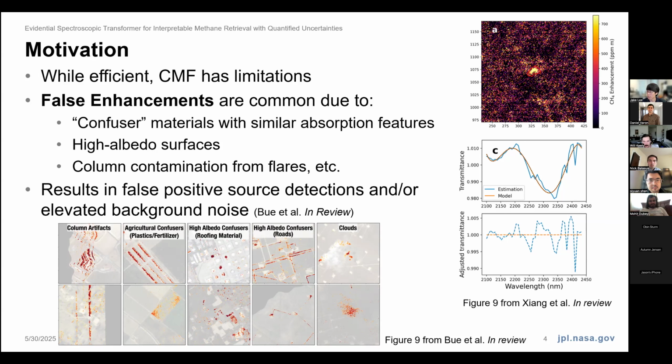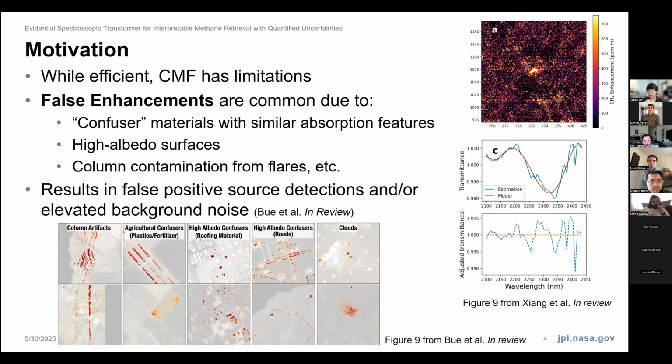If you look on the right, this middle plot, that's an observation where it follows that dip in the VSWIR, the methane absorption pattern, but it doesn't actually have the little fingerprints necessary. But in the CMF, because it's just taking the Euclidean distance, it can't tell that.